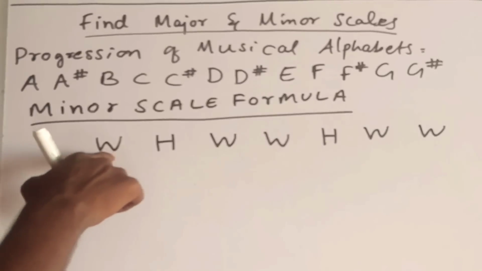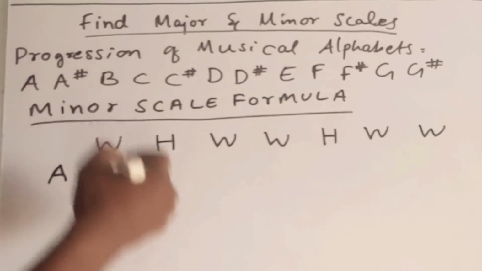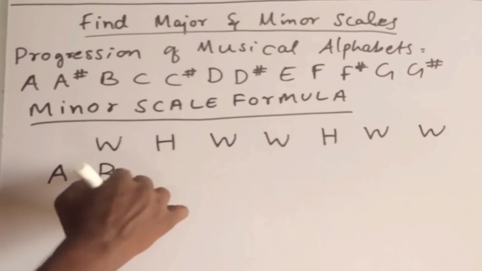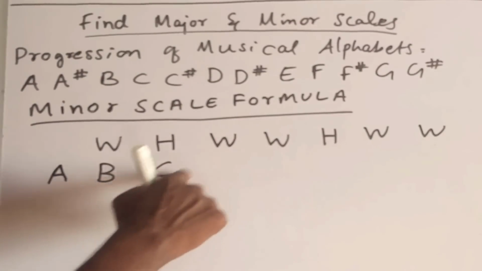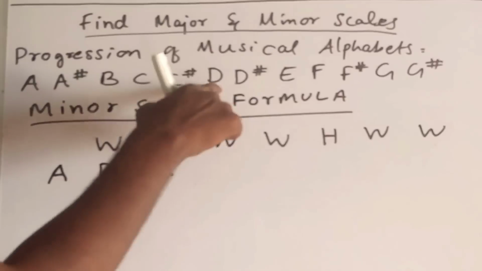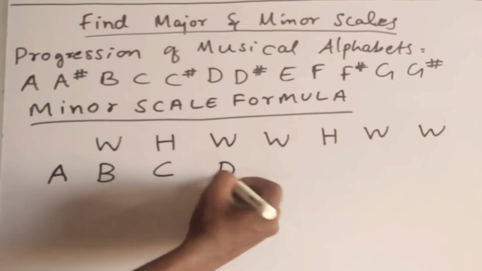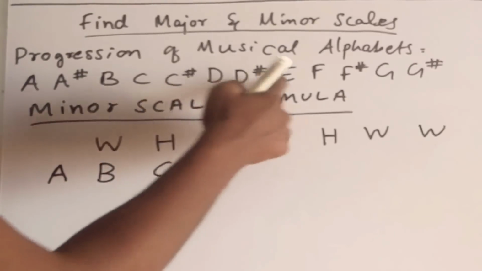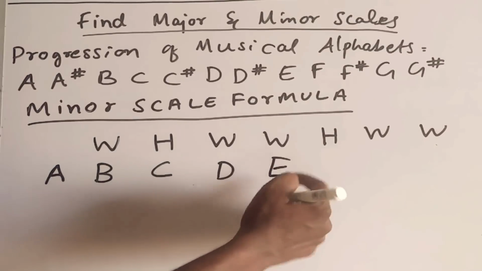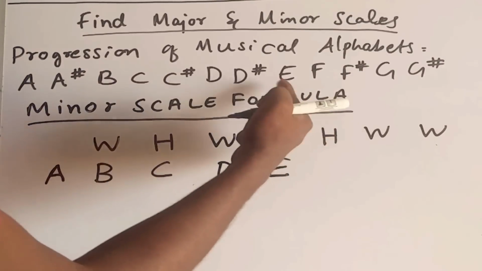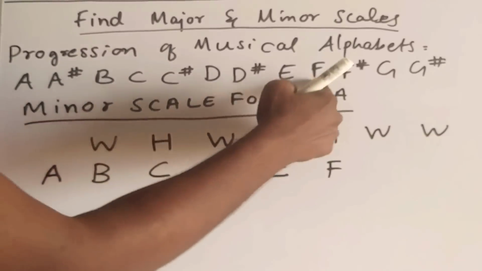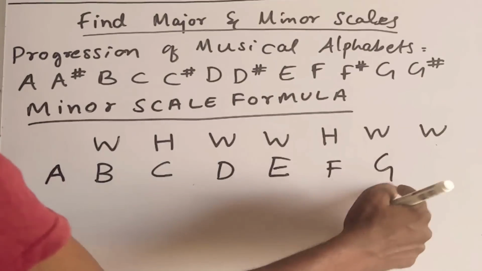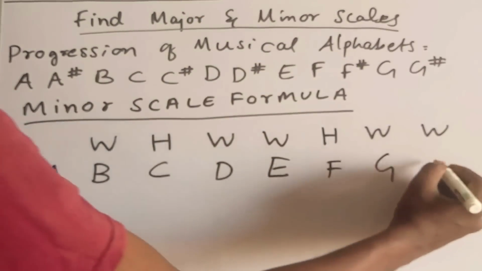A to whole step is B. B to half step, the immediate next note is C. C to whole step is D. D to whole step is E. E to half step is F. F to whole step is G. G to whole step is A.